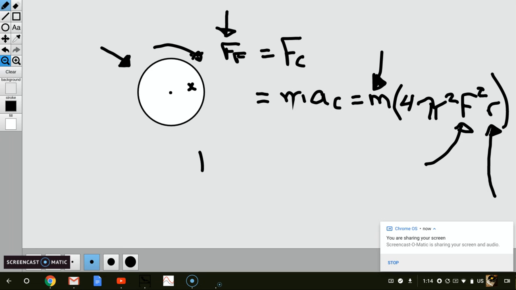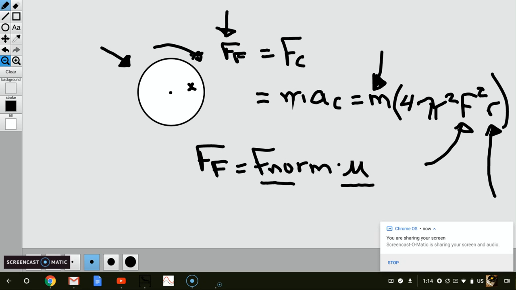Well, we know that the force of friction is equal to F norm times mu. Well, lucky for us, you have run through a procedure several times now where you can calculate a coefficient of friction. Also, you'll have to figure out what the F norm is.